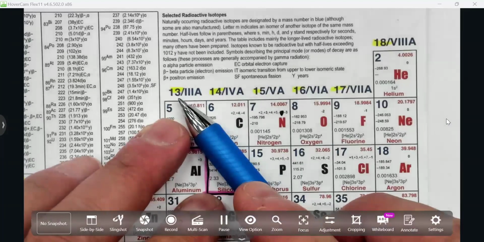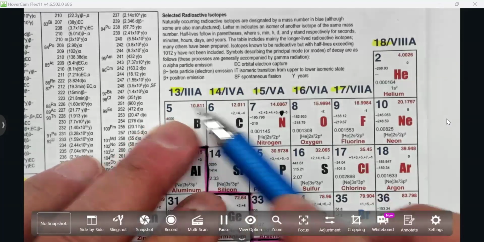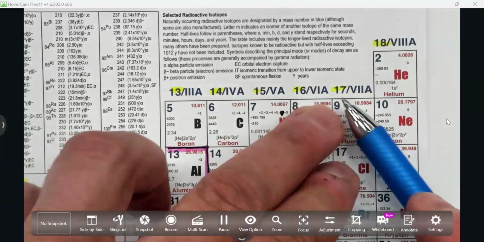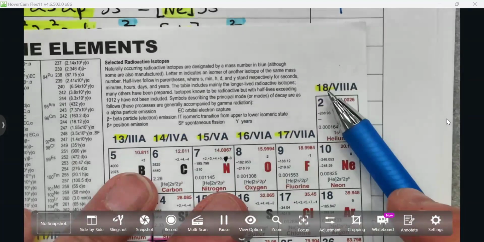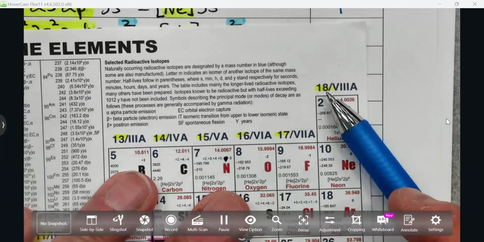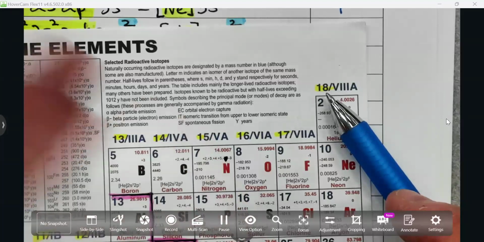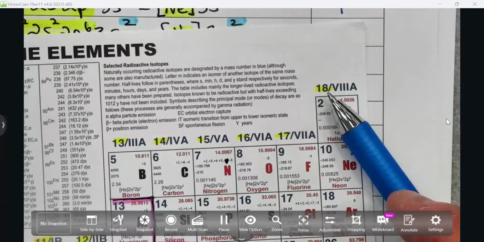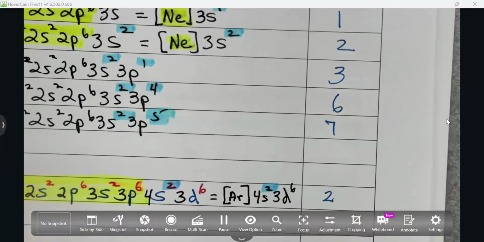It's the ones place. 3 valence electrons, 4 valence electrons, 5 valence electrons, 6, 7, and 8 for valence electrons. All we have to do, this is very important for the next chapter, all we have to do is look at the ones place of the group number.